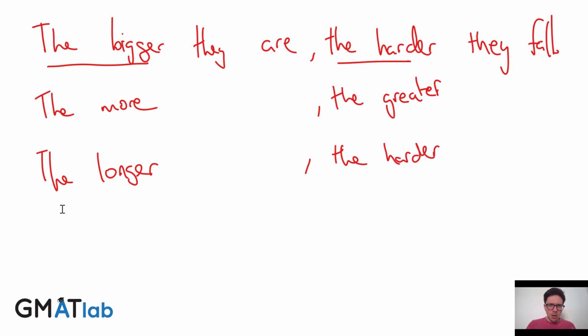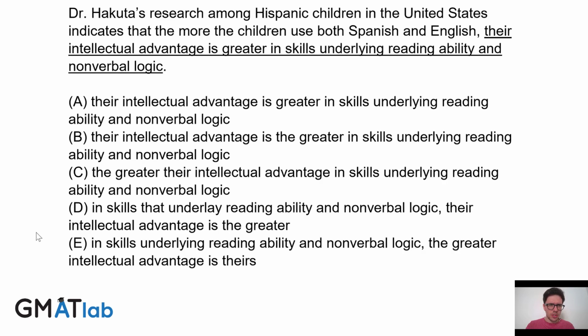So this cause and effect relationship, when the two things are correlated, we need to have these comparative adjectives. So comparative adjectives are words like longer, harder, more, greater, bigger, harder. So usually they're with ERs, but you will get more come up quite often as well. So now that you're familiar with this structure, why don't you try resolve this question? So pause the video now, try it out for yourself, and then we'll discuss it together afterwards.